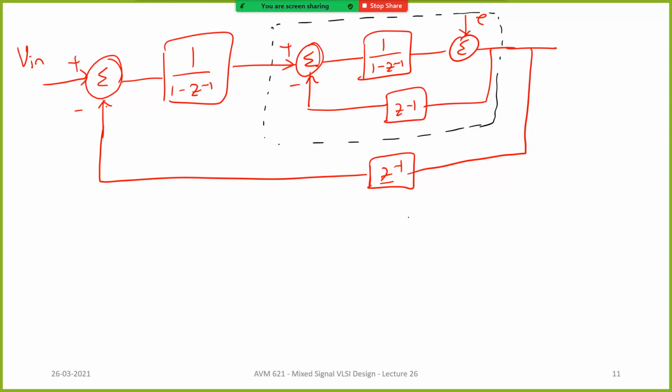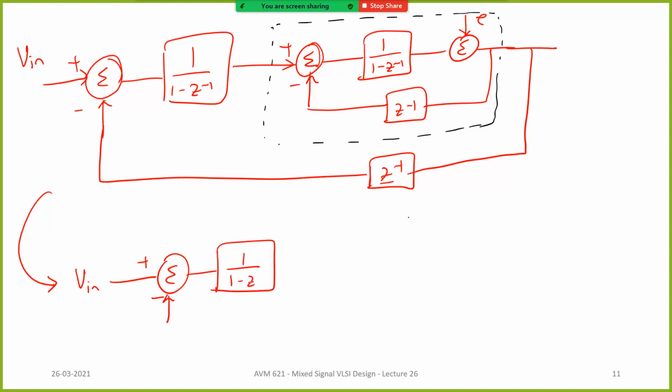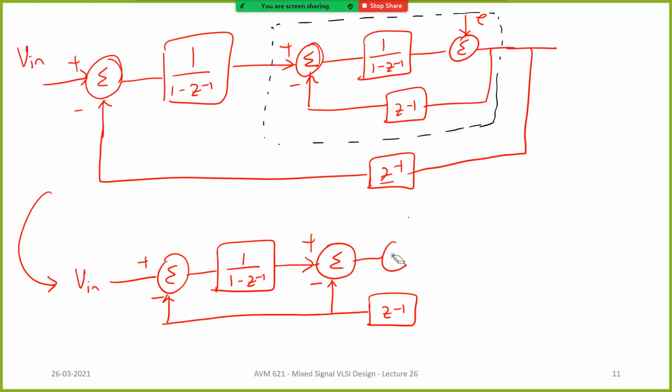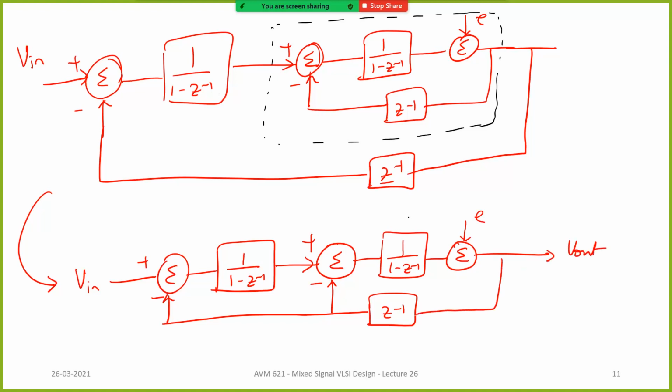Let's make it into one delay element. So this is basically your second order delta sigma modulator.